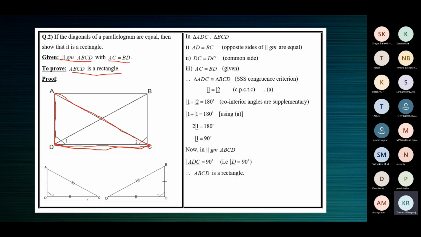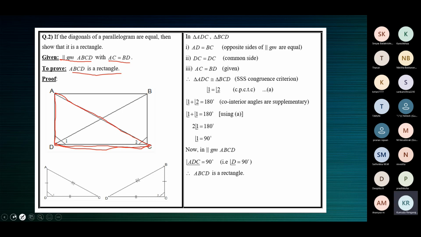You have four bases; you can take two triangles on the same base AD, DC, BC, AB, anything. Here I've taken ADC and BDC on the same base DC.